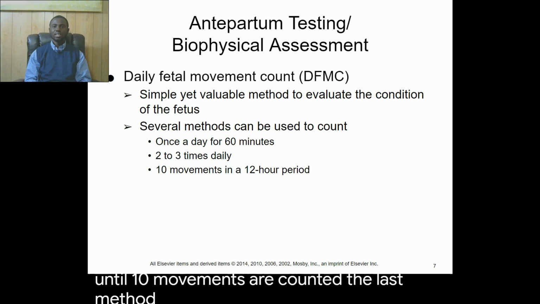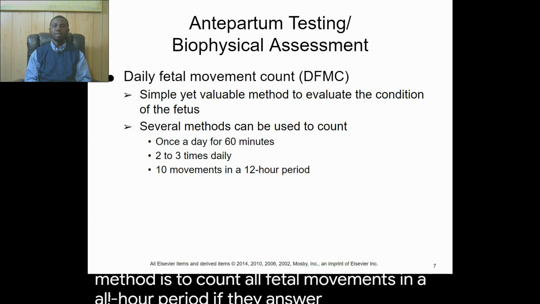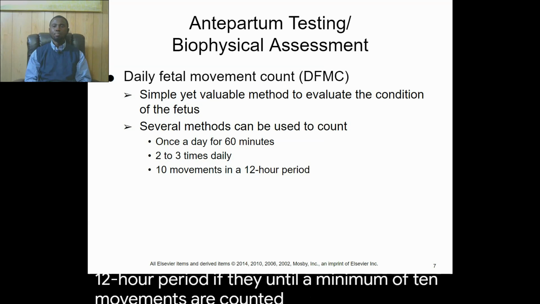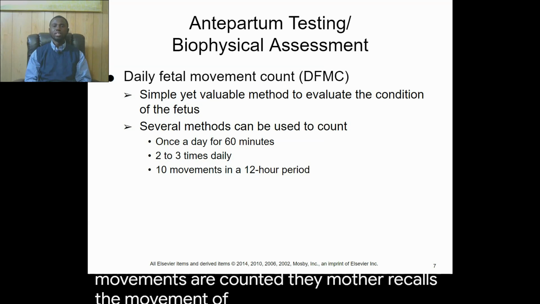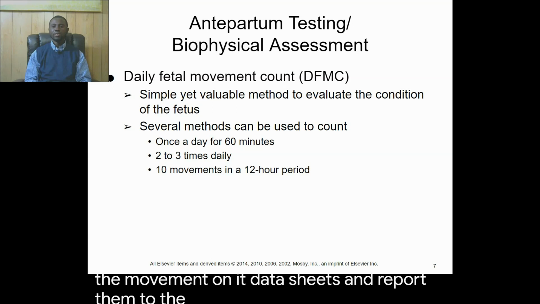The last method is to count all fetal movements in a 12-hour period each day until a minimum of 10 movements are counted. The mother records the movements on a data sheet and reports them to the provider.